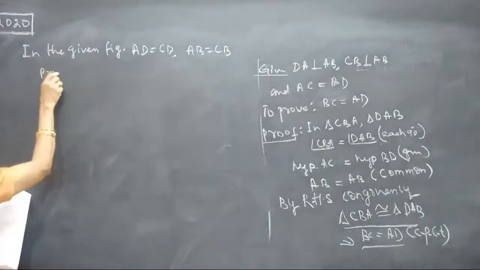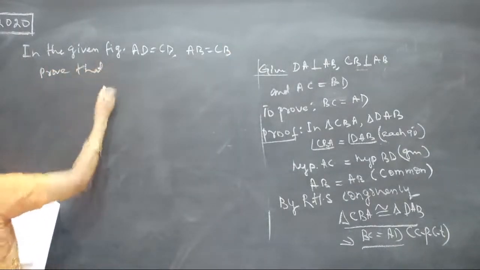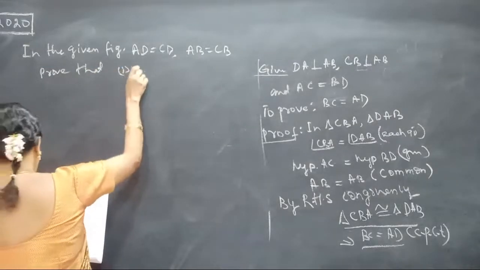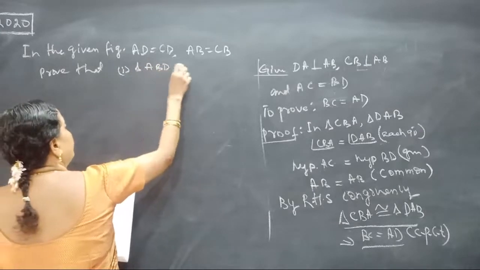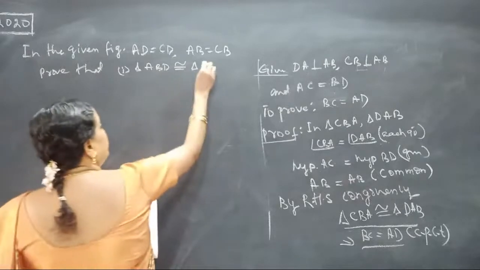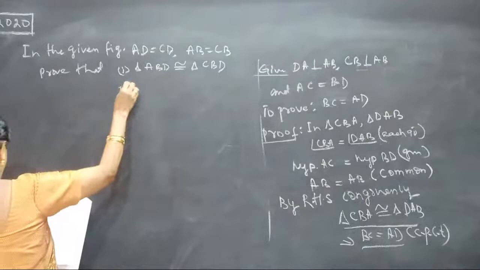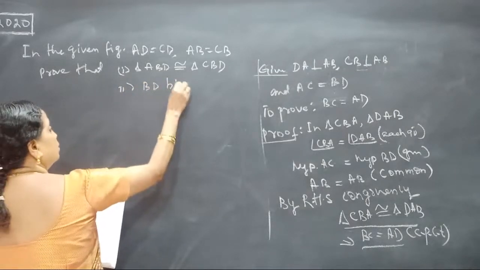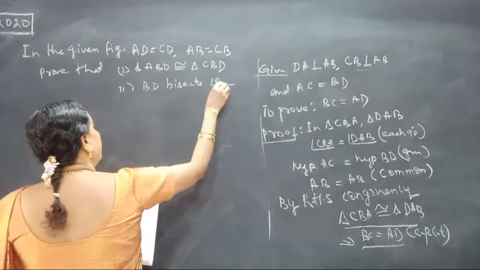Prove that, first one, triangle ABD is congruent to triangle CBD. Second one, BD bisects angle ABC.